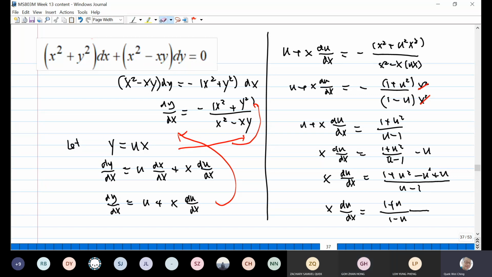Okay, u minus 1. I want to put them all together now to separate them.